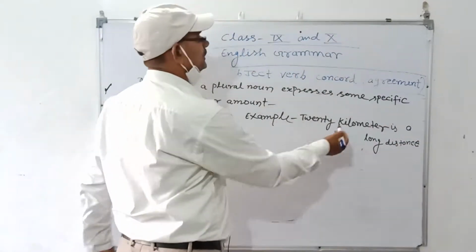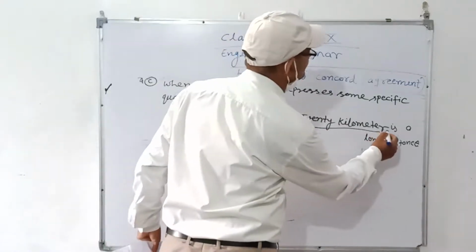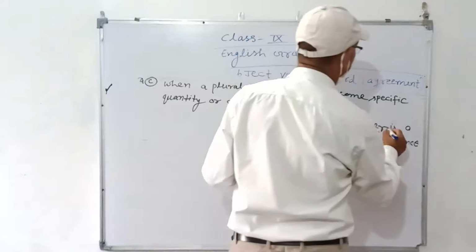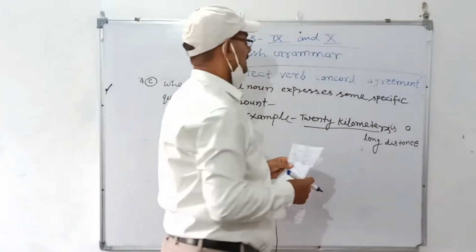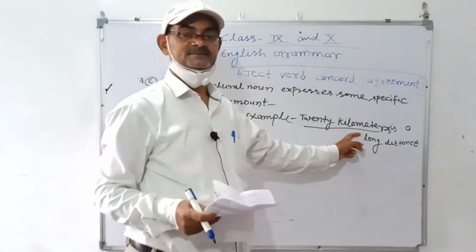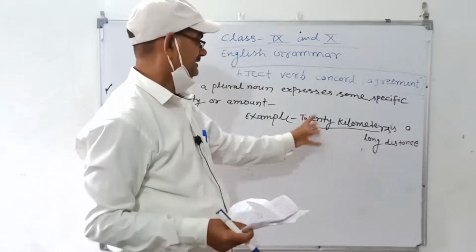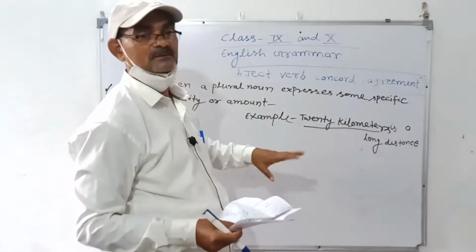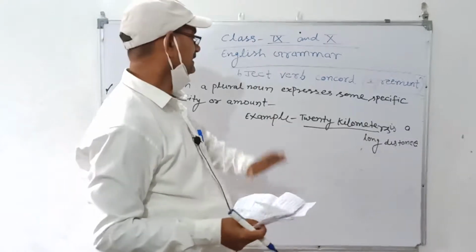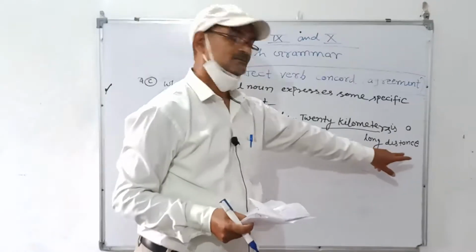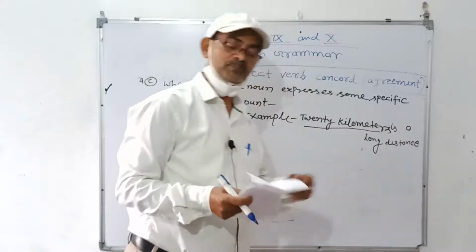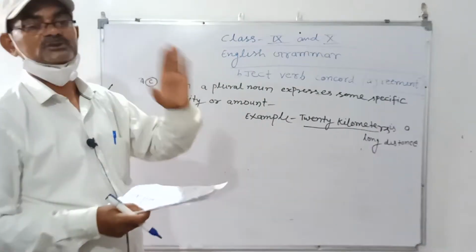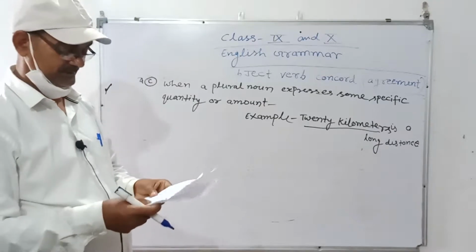Here 20 kilometers is in the form of a plural, but it is used as a singular. It agrees with the singular form of the verb.